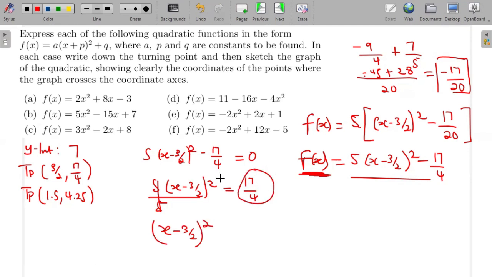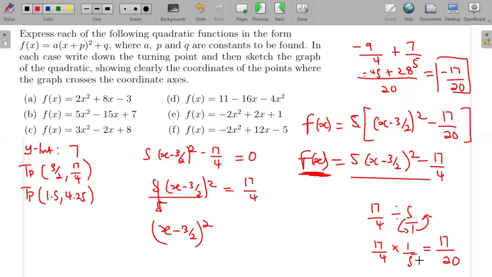If I divide this by 5, what do you think I get? It will be 17 over 4 divided by 5. So this will just be 17 over 4 multiplied by, then this 5 comes down, so it will be 1 over 5. So this will be 17 over 20.